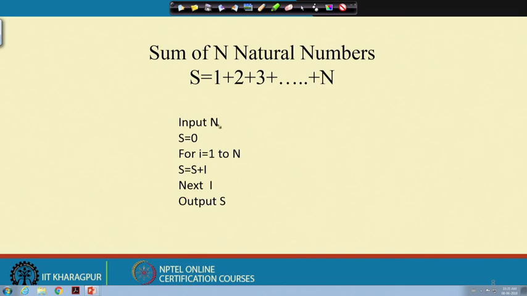I need n over here, then I need s, and then I need I. So, that means I need 3 variables for computing this algorithm. If I want to implement it, then I need 3 variables, and for this I need one adder, and the rest of the things we will see whenever we draw the corresponding architecture.